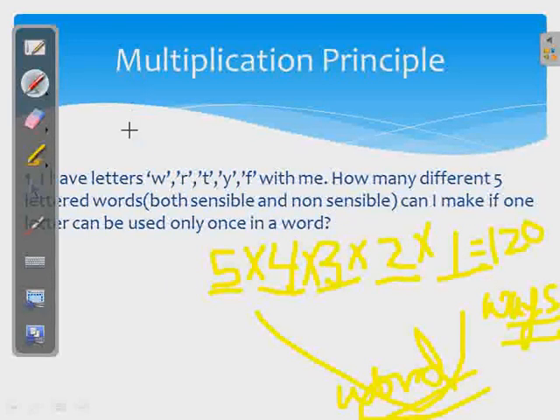If you want to do it experimentally as well, it's quite easy. With W, R, T, Y, and F we can begin our word with any one of those letters.